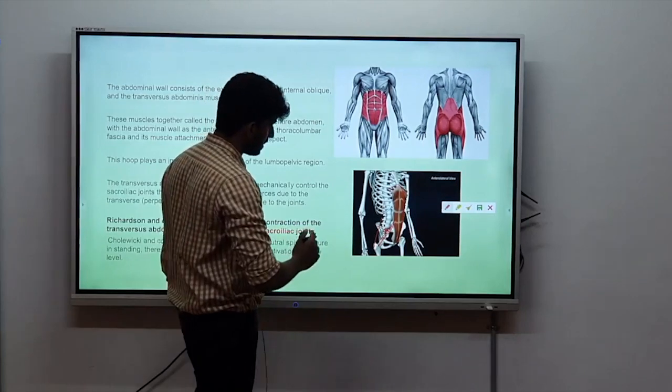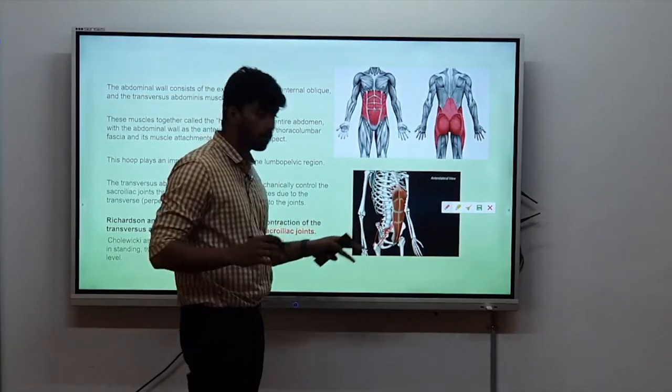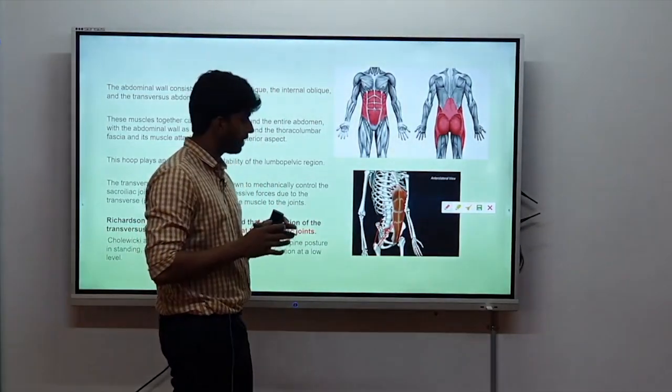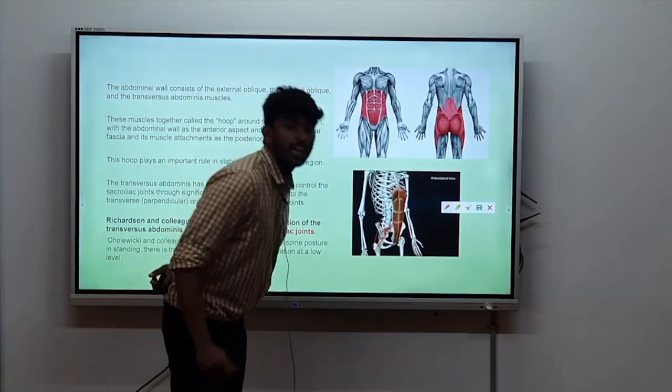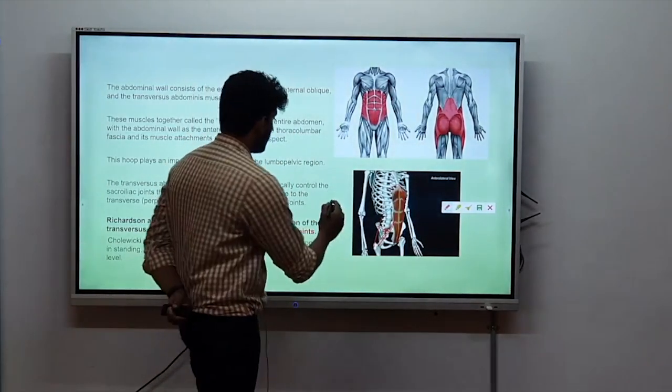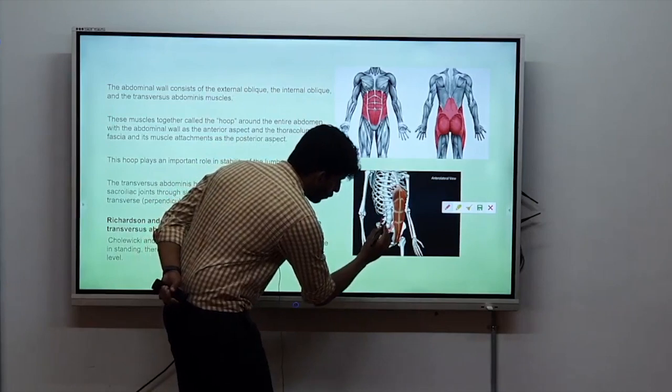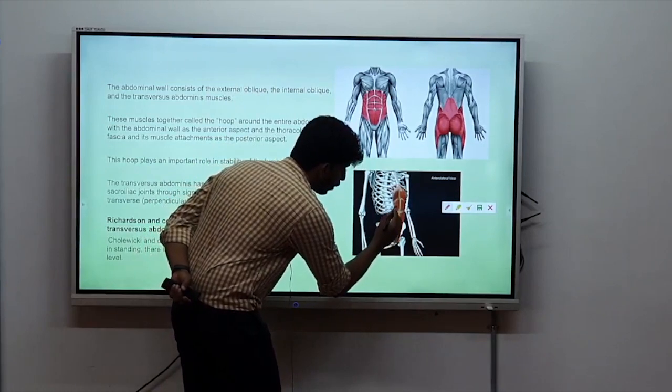The spine won't change its alignment, otherwise the spine would have to bend. In order to prevent that, the spine will go for a more lordotic curve.